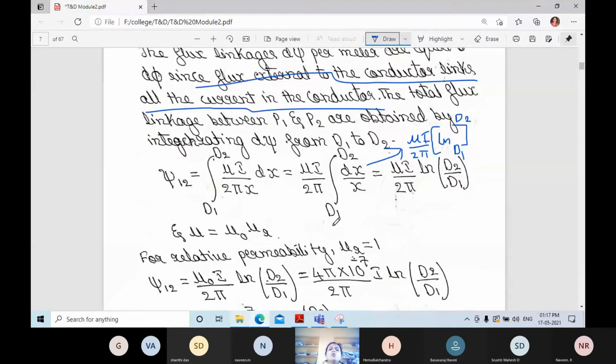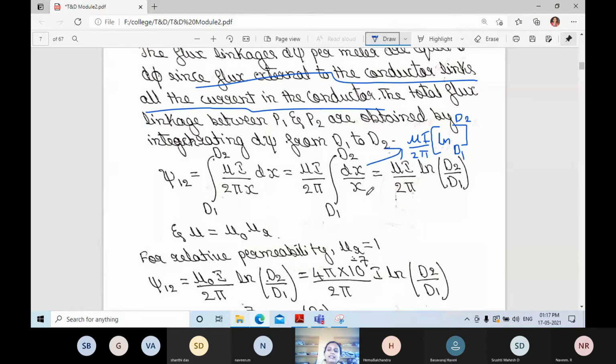Now we find the flux linkage. The integration limits are D1 to D2, of mu I divided by 2 pi x into dx. So mu I divided by 2 pi is taken outside, and dx divided by x remains.